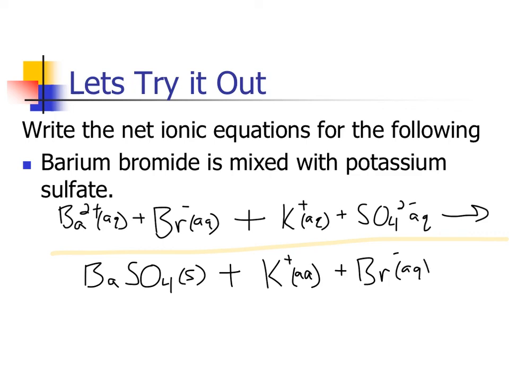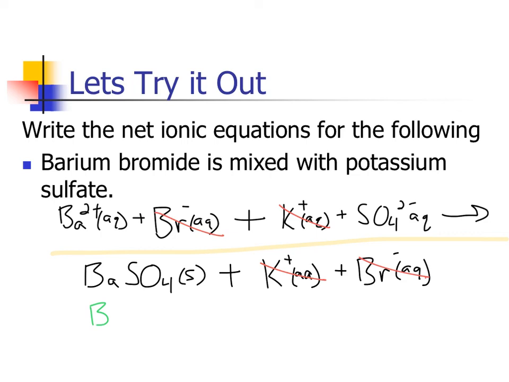That's aqueous. And so now we can see that potassium is the same on both sides, bromine is the same on both sides.